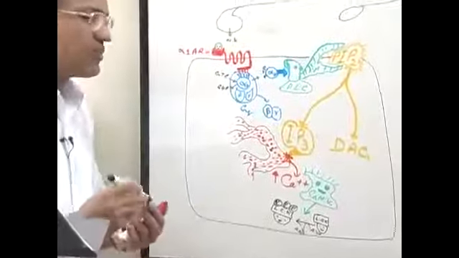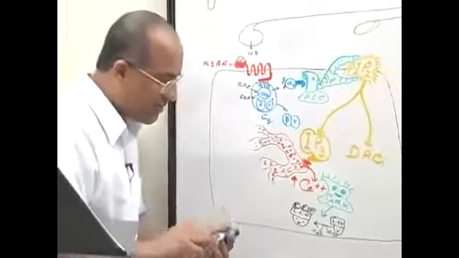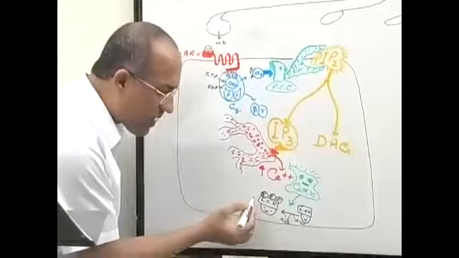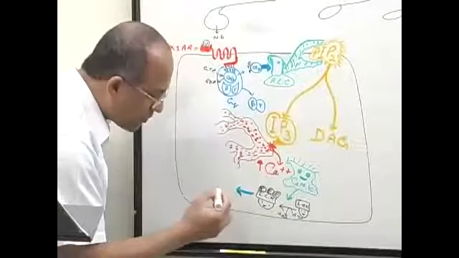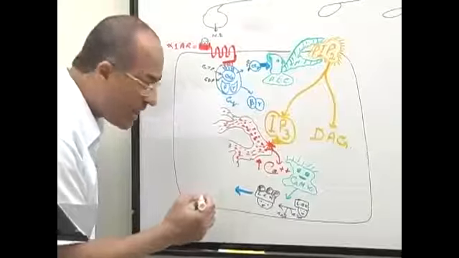When light chain kinases are phosphorylated, who will tell me the next step? They will phosphorylate myosin light chains.